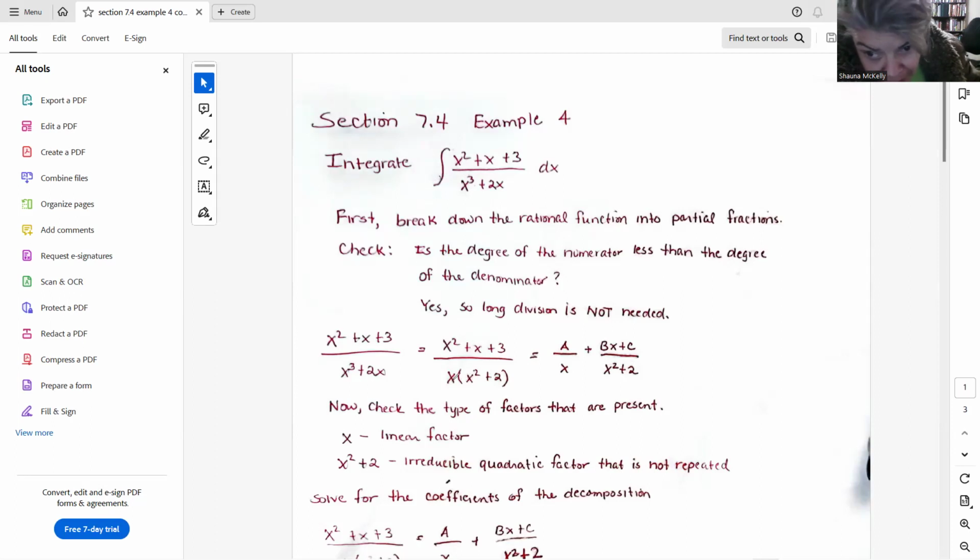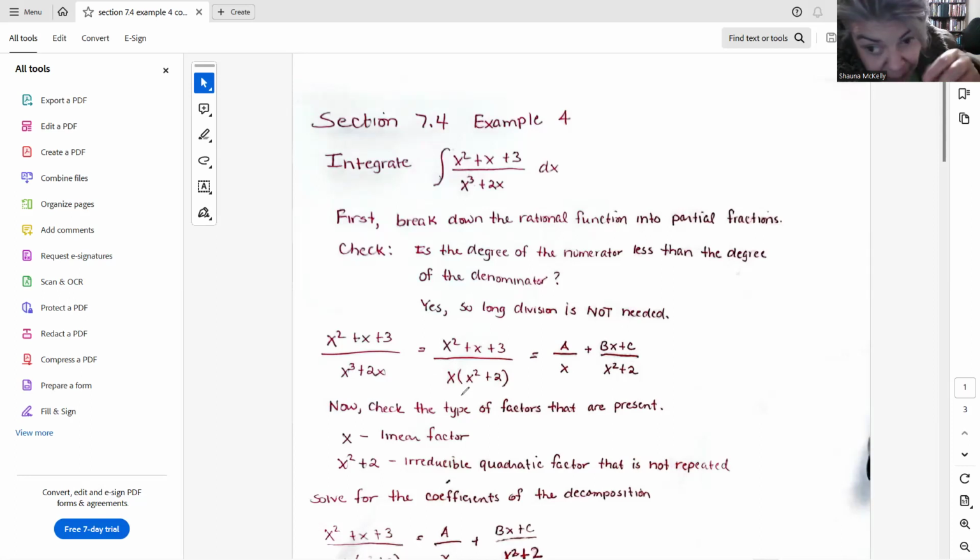Now, some of you had a question about this. Linear factors. So I factor the bottom, this x cubed plus 2x, I factor out the common factor of x, and I'm left with x times the quantity x squared plus 2. When we talk about a linear factor, that means that this x, or this variable, is to the first power.